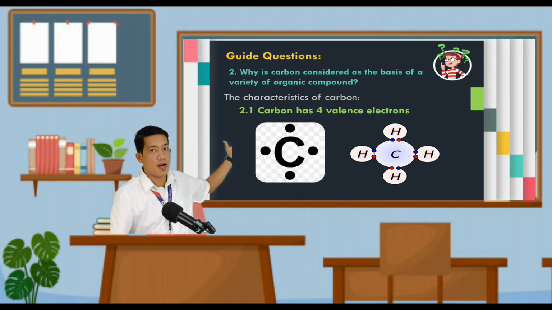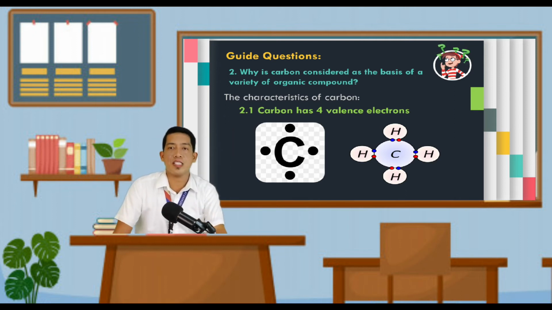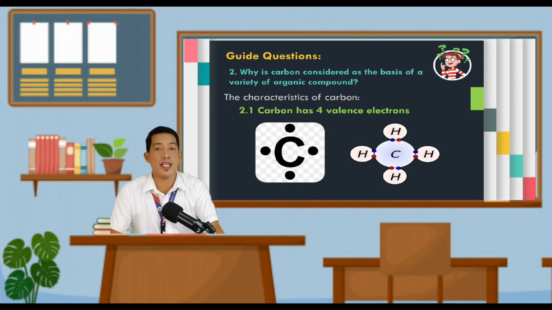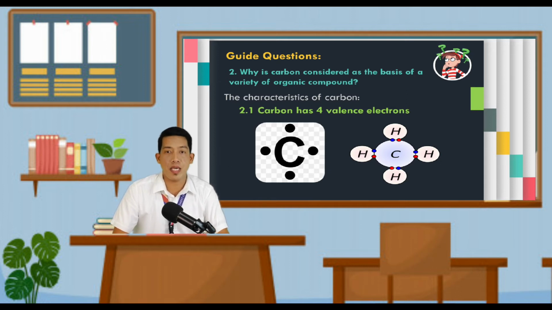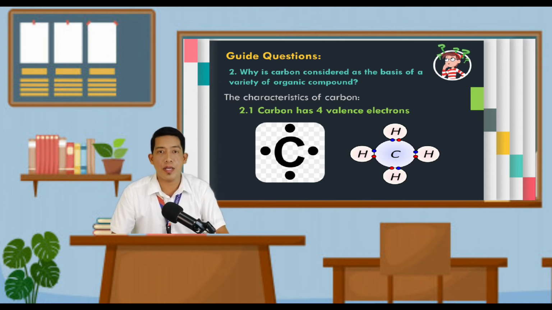Based on the figure, carbon needs 4 valence electrons to fill in the outer energy level. A full outer energy level is the most stable arrangement of electrons. Since carbon has 4 valence electrons, each electron participates in bonding and forms covalent bonds with atoms of carbon or another element like oxygen, nitrogen, hydrogen, and others.